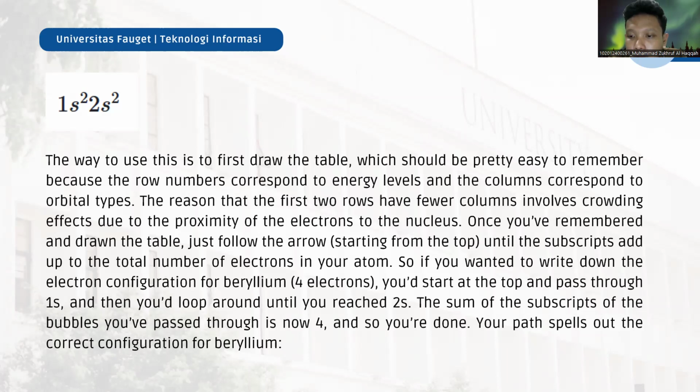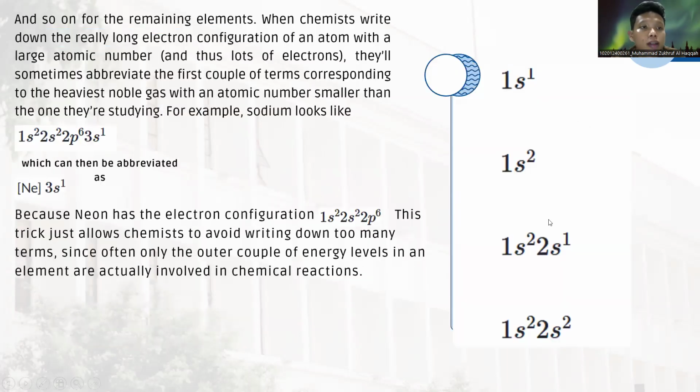The sum of the subscripts of the bubbles you have passed through is now 4, and so you are done. Your path spells out the correct configuration for beryllium, and so on for the remaining elements.